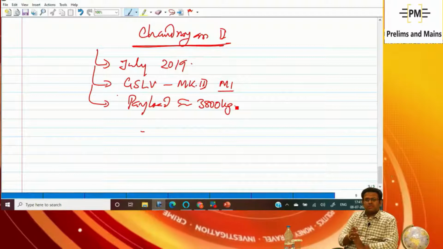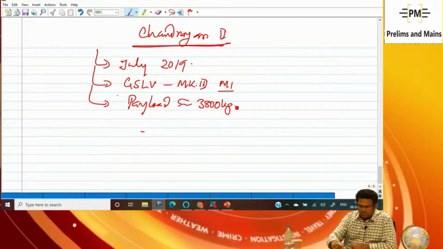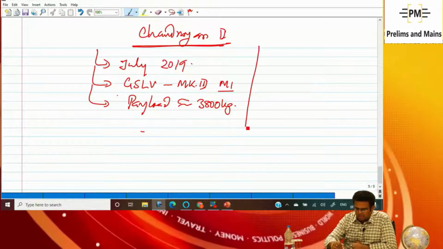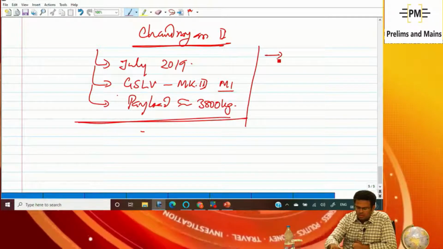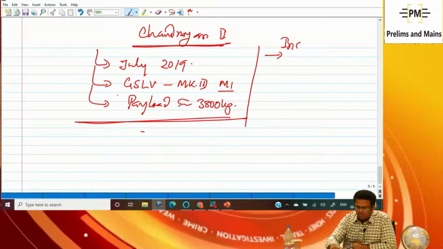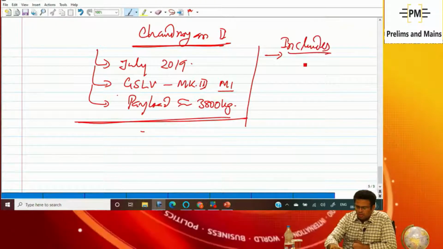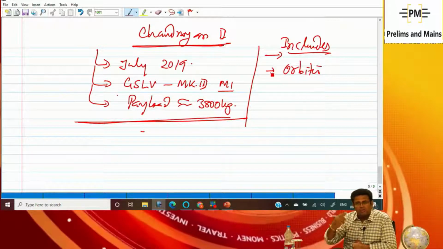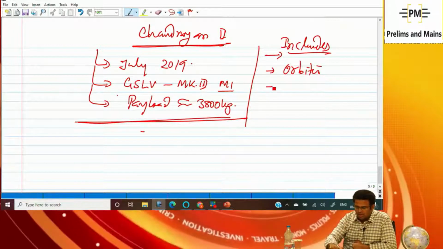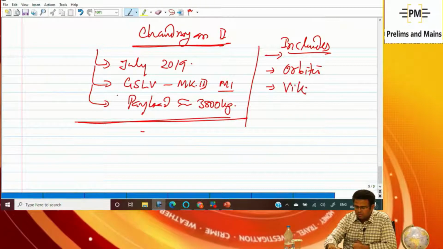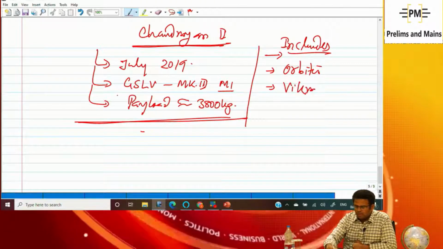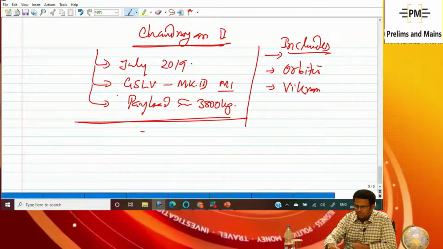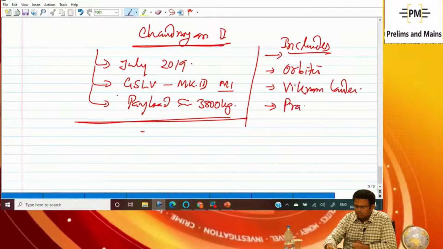And another important thing: 3800 kg kaise bana, because it includes the orbiter, which is orbiting around the moon, and another is the Vikram lander, and then another is the Pragyan rover.